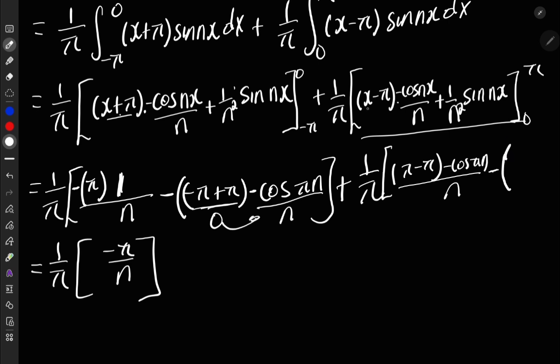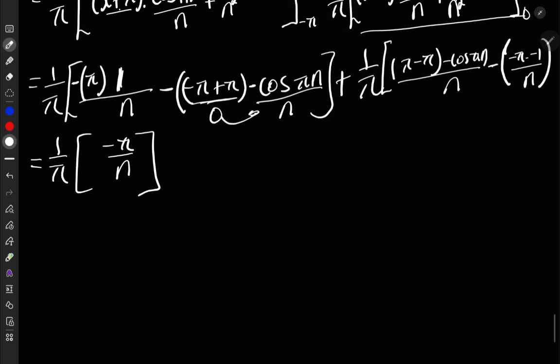When you substitute 0 there, it's just going to be negative pi times minus 1. When you substitute 0 here, you're going to be left with that negative pi. So it's going to be negative pi times negative 1 over n. And then it's going to be plus 1 over pi.